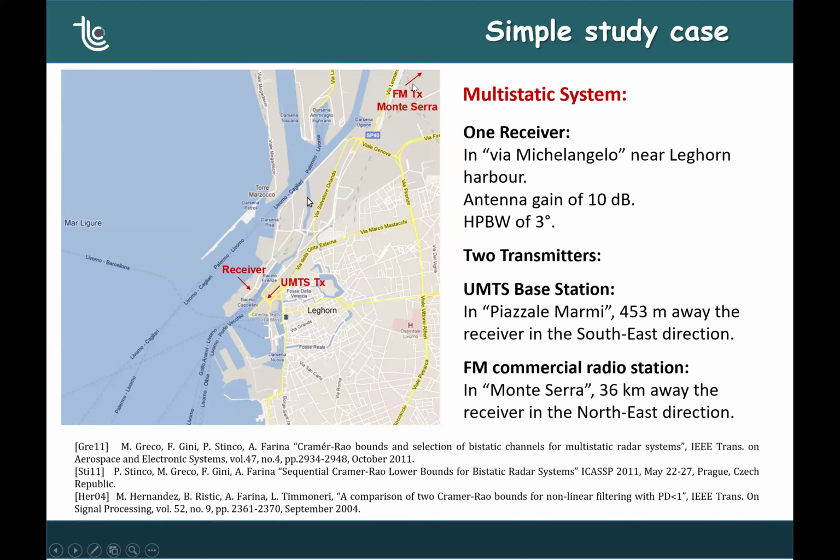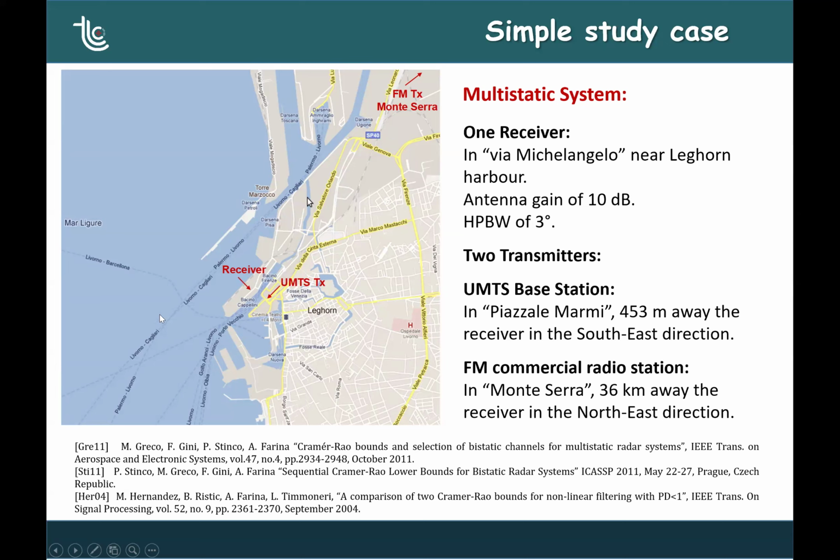Of course, the geometry is different, and the characteristics of the signals are different. So remember that when the target is crossing the baseline, the geometry is really bad. So the estimation of the Doppler frequency and the range is really bad. So this is a harbor, and the boats enter the harbor practically crossing the baseline between the UMTS transmitter and the receiver.